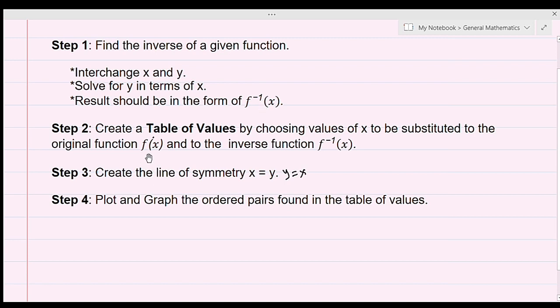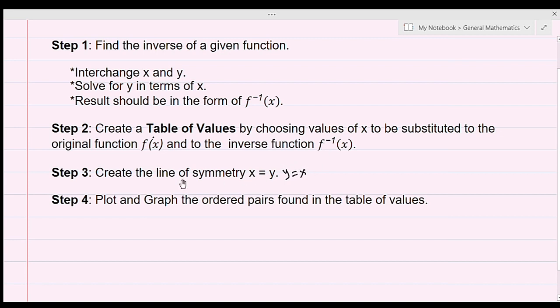Step number 2, we have to create a table of values by choosing the values of x to be substituted to the original function f of x and to the inverse function f raised to negative 1 of x. We can take any values from our x-axis, without restriction.